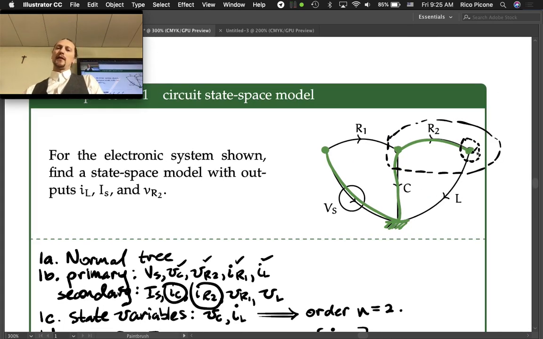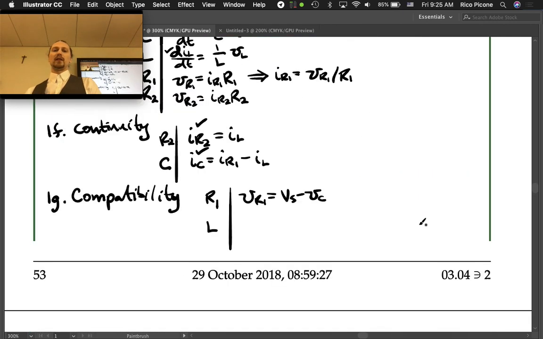And then the other link, the inductor, L, if we placed it into the normal tree, it creates a loop as well. Thinking again like a vector, starting at the tail of the vector, we have negative VR2 plus VC is equal to VL, right? So we say VL equals negative VR2 plus VC.